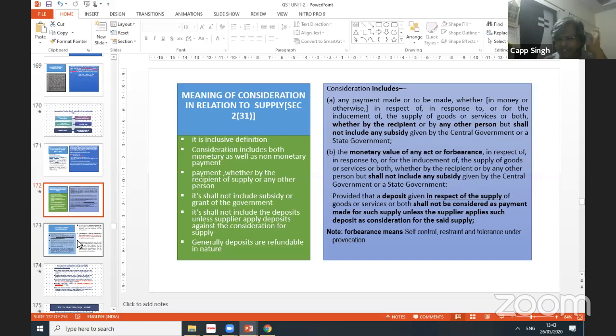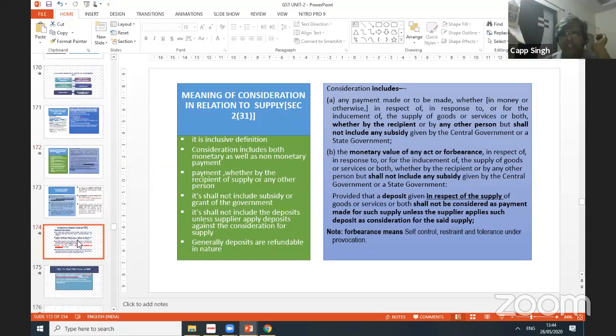And mind that the consideration does not include the grant or subsidy paid by the government against the supply to be made, particularly in the case of solar plants or solar systems or like products. So sometimes the government gives some subsidy or grant. Subsidy or grant received from the government never forms part of the consideration, and therefore it is outside the provision of transaction value. So on the grant or subsidy amount, there will be no GST at all.